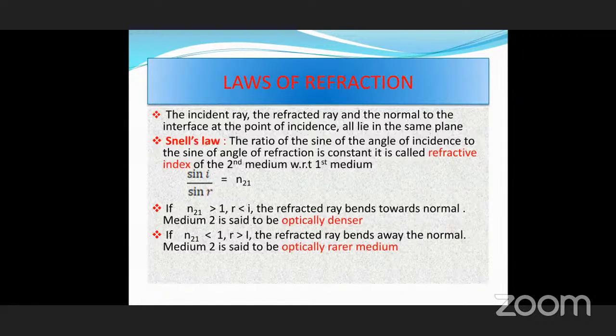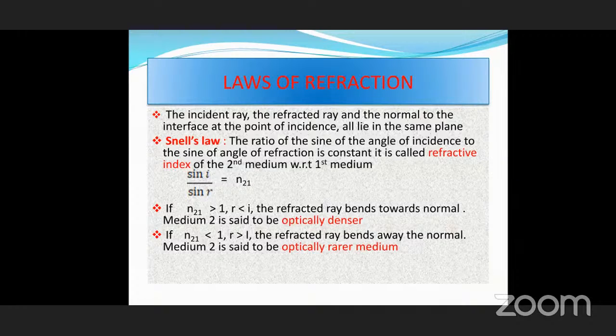And we have to remember some important points here. Here, n21 is greater than 1. For example, you get sin I by sin R as 1.56. It means greater than 1. Then what does it mean? If it is greater than 1, R is less than I. It means the incident angle is always greater than the refracted angle.